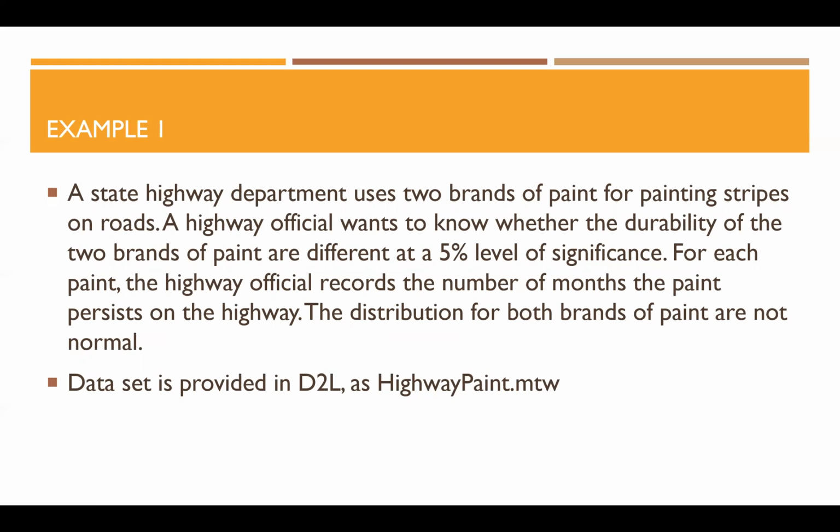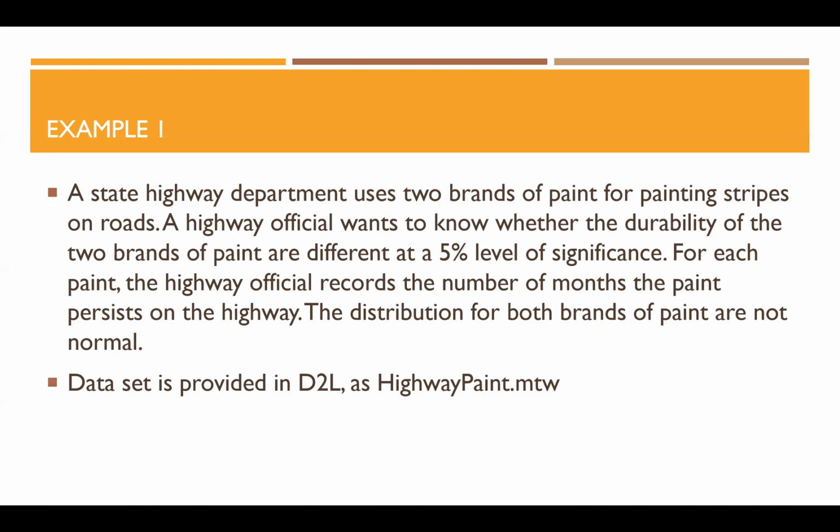For each paint, the highway official records the number of months the paint lasts on the highway. The distribution for both brands of paint are not normal. Okay, and the data set that you need for doing this problem is in D2L. And we'll get to that in just a minute.